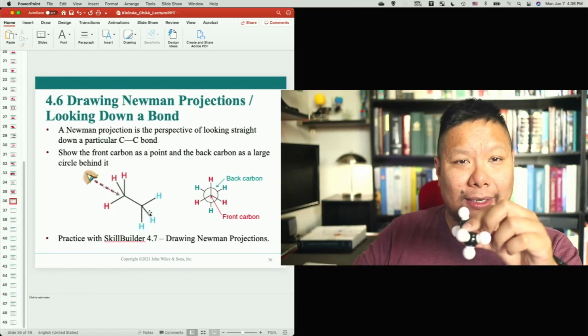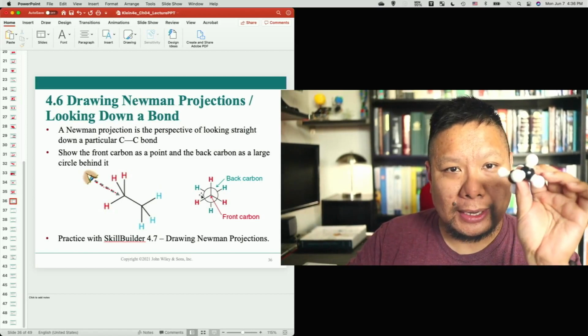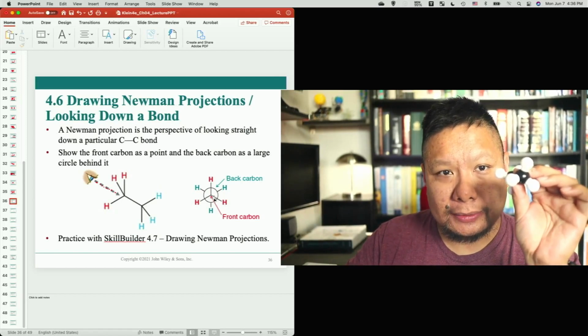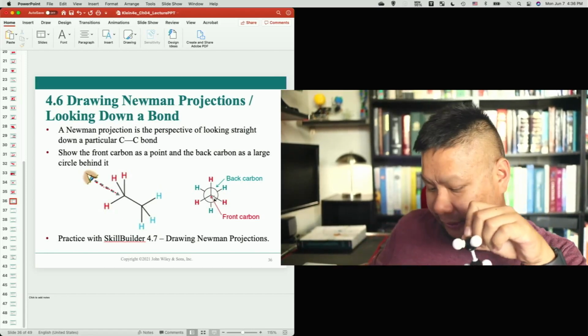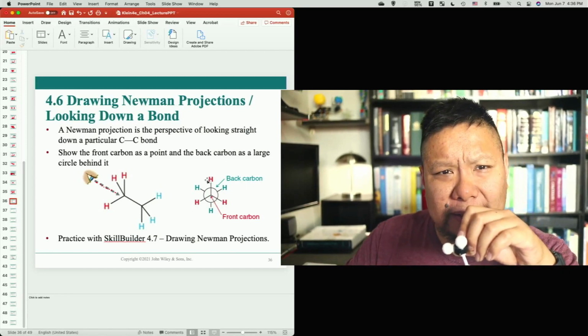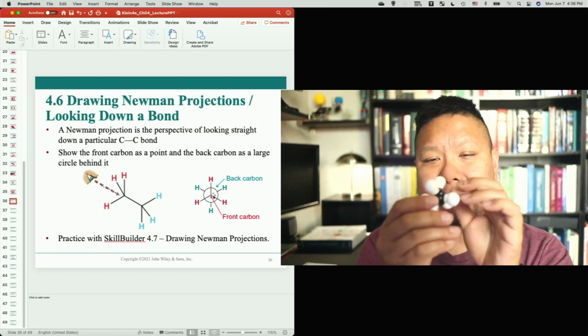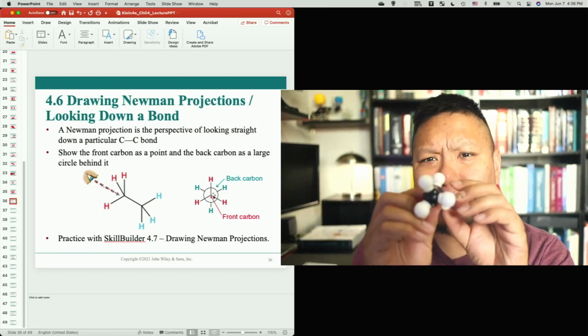Looking at the slide there. Notice that when you're looking down the axis of the single bond right there, what you see is the red hydrogens in front of you, which is what you see here on my screen, like you're looking at right now.